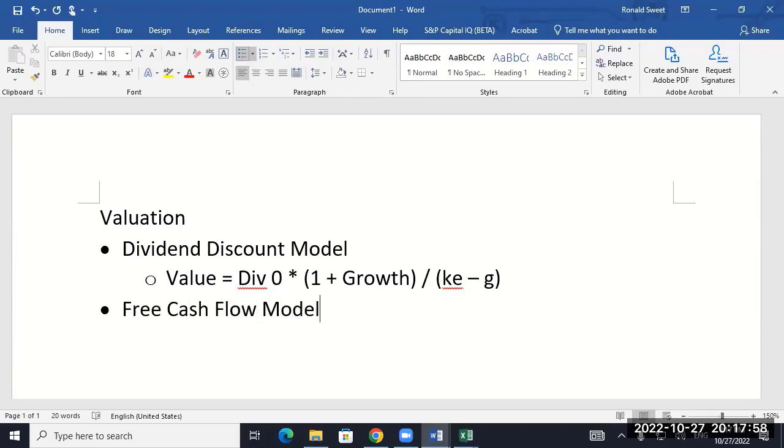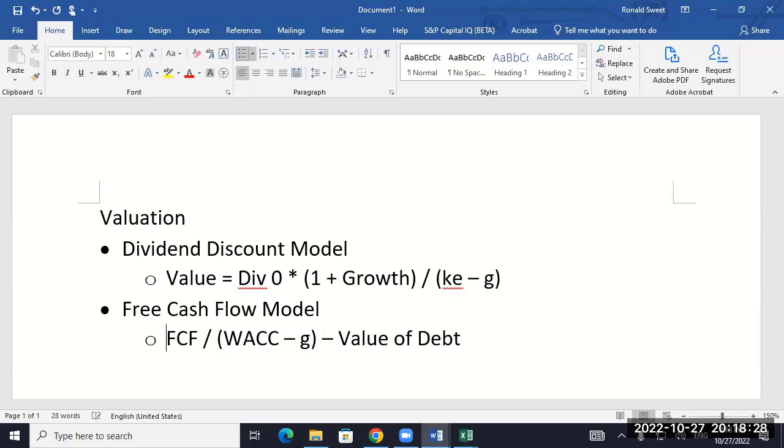I don't know if y'all noticed they changed the name of this class to security analysis and corporate valuations. It's like, give me a break. We already got a paper. We're not going to do corporate valuations. We're going to do equity valuations. But what is corporate valuation? Free cash flow divided by WACC minus the growth, minus the value of debt.